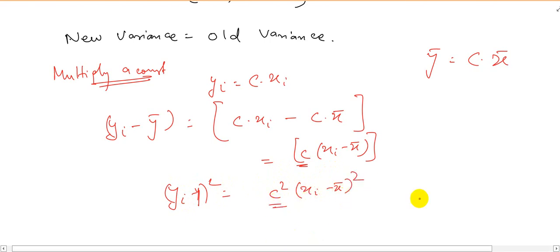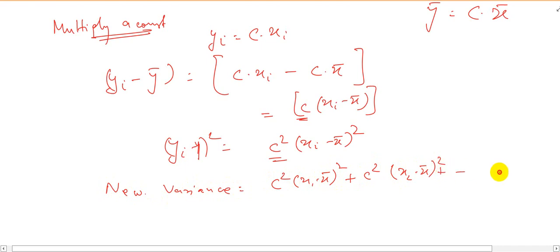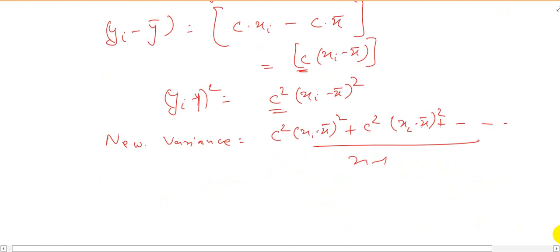So for all these terms, the new variance is c square times x1 minus x dash squared, c square times x2 minus x dash squared, and so on up to xn, since we are using x dash, let's take it as a sample.